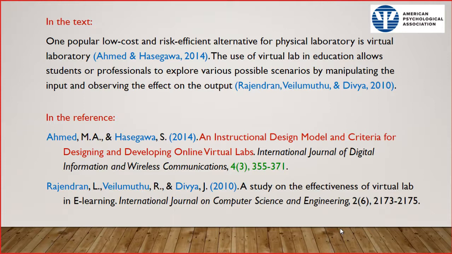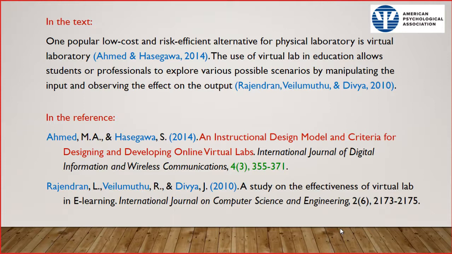The italicized text is the name of the journal, and the green is the volume, the issue, and the pages. So this is an example: one in the text and one in the reference.